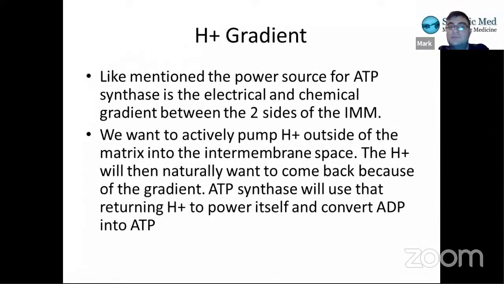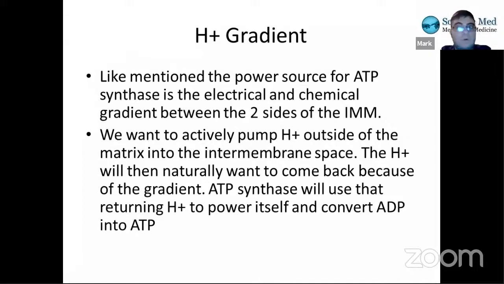So about this H+ gradient, like I mentioned, the power source for ATP synthase is the electrical and chemical gradient between the two sides of the inner mitochondrial membrane. We want to actively pump H+ outside of the matrix into the intermembrane space. We do this by using the reduced cofactors NADH and FADH as kind of like a power source.